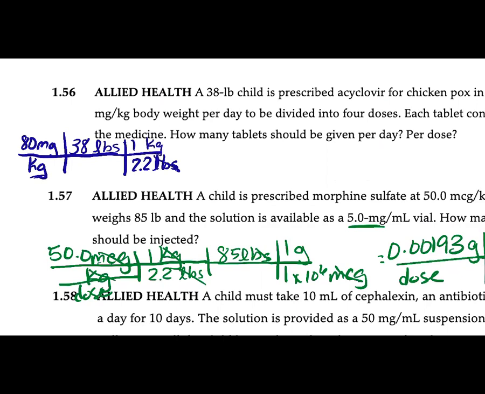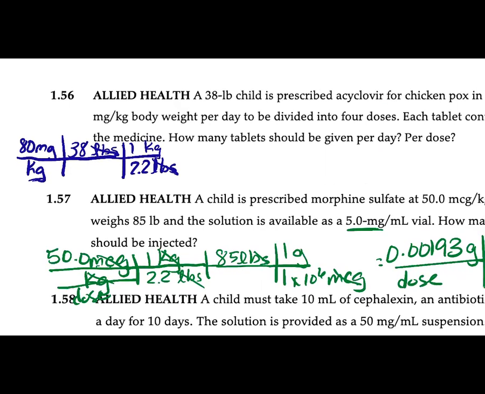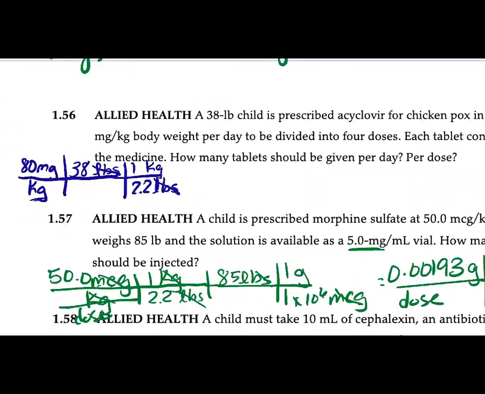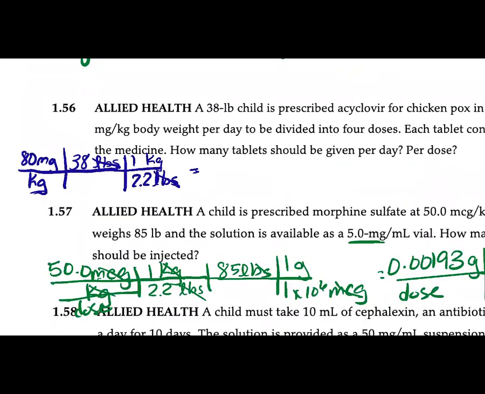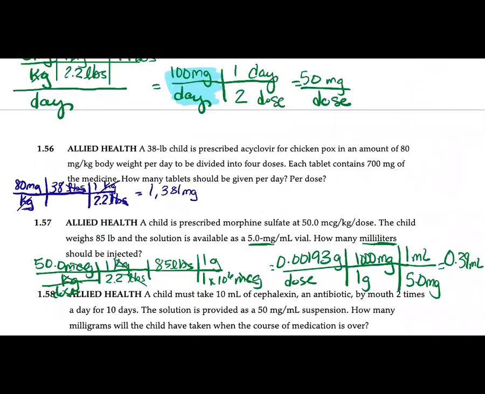I think that's a conversion that's in the back of your book. So the kilograms cancel, and that ends up being 1,381 milligrams, but this is per day.